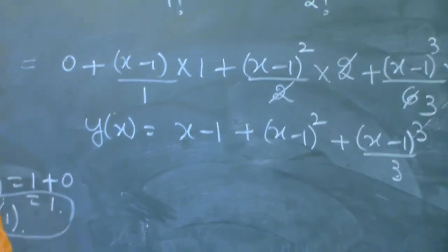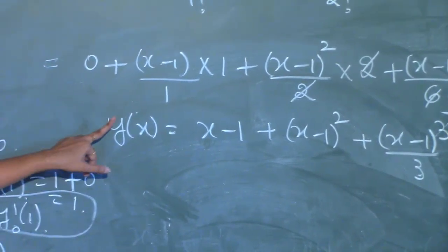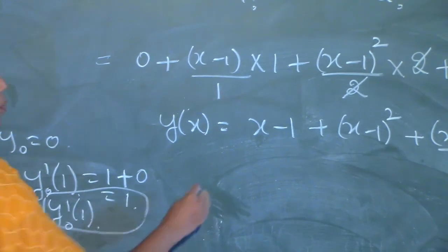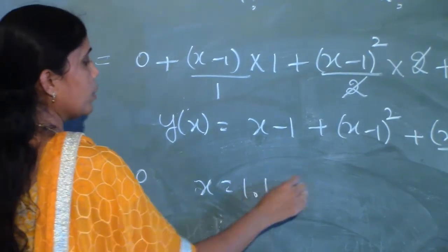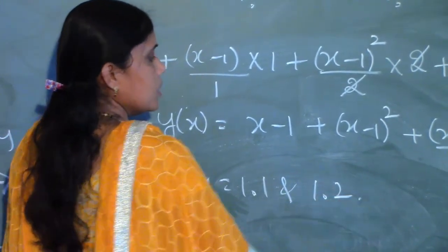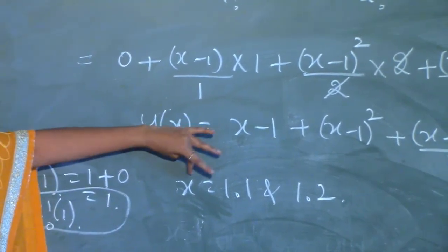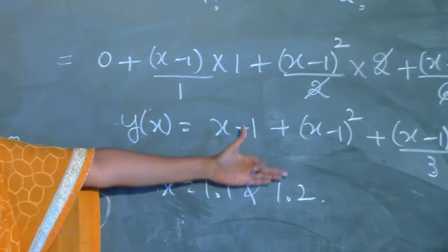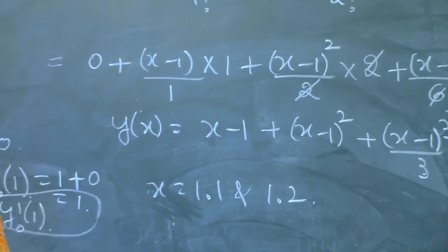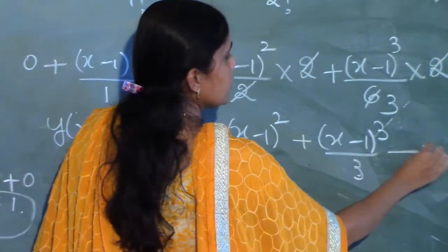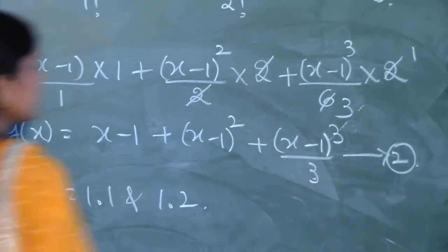But the question is asking to find the value of y at x is equal to 1.1 and 1.2. So we need to find two values for y. First case, put x is equal to 1.1 and in the second case take x is equal to 1.2. Let us call this equation as equation number 2.